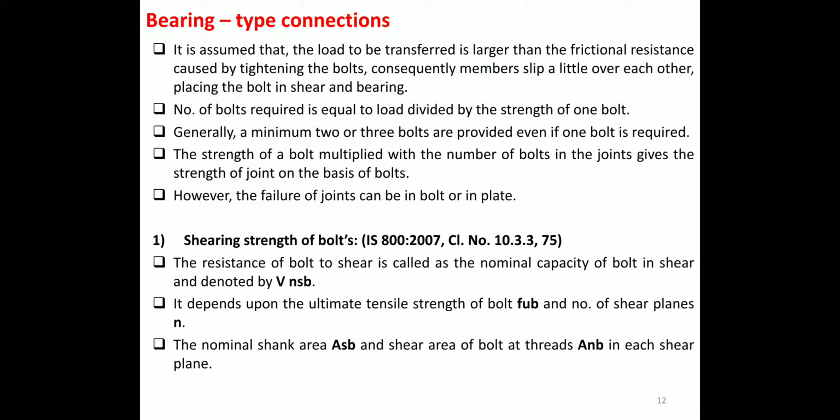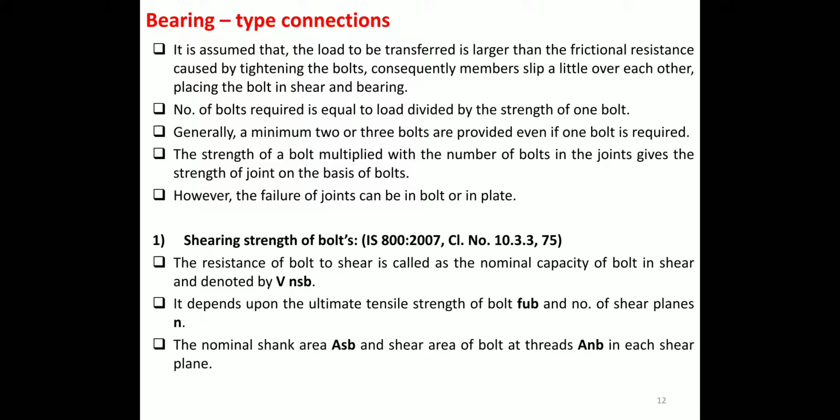Generally, a minimum of 2 or 3 bolts are required even if 1 bolt is required. If by calculation we got 1 bolt as the answer, as per the IS code we provide a minimum of 2 bolts as per the assembly. Then strength of bolt multiplied by the number of bolts in the joint gives the strength of joint on the basis of bolts. However, the failure of joint can be in bolt or in plate.